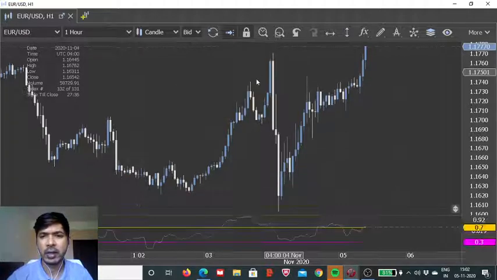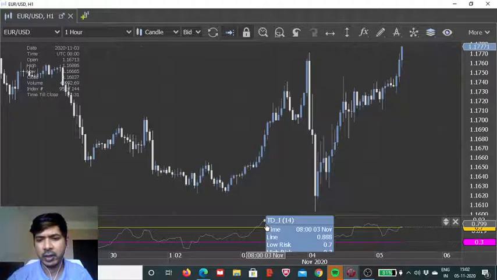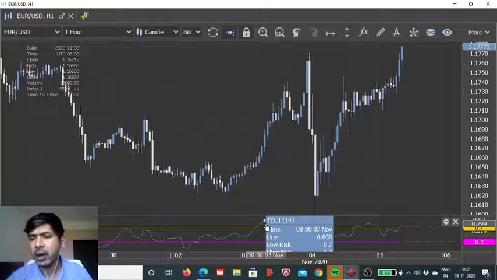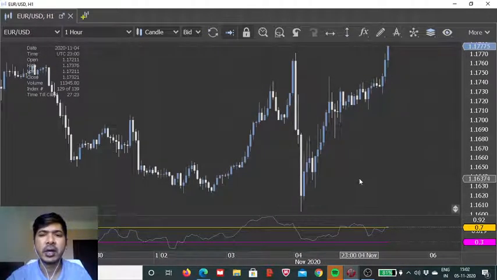Okay, here is the TDI indicator. Now this is the default setup. We are using the TDI on the 14 time period of 1 hour each. Here the chart is of EUR USD, and I haven't done any customization. This is the standard setup.